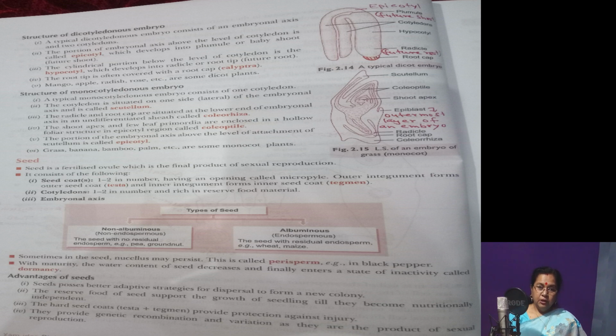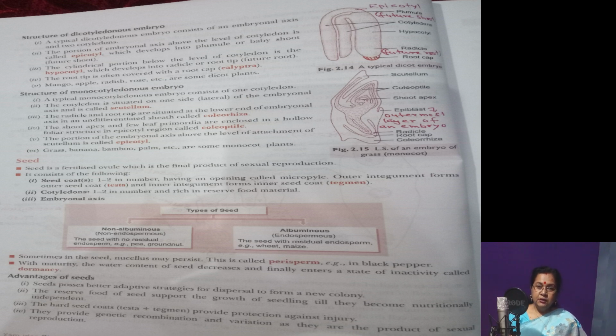There are two types of seeds: non-endospermic or non-albuminous, that is, the seeds which do not contain endosperm, or it is absorbed by the embryo. For example, pea, gram, groundnut, etc.